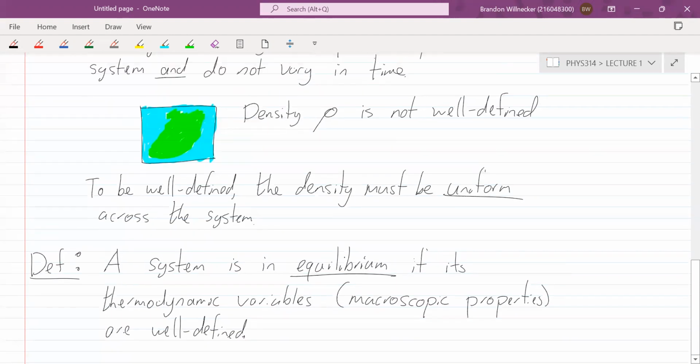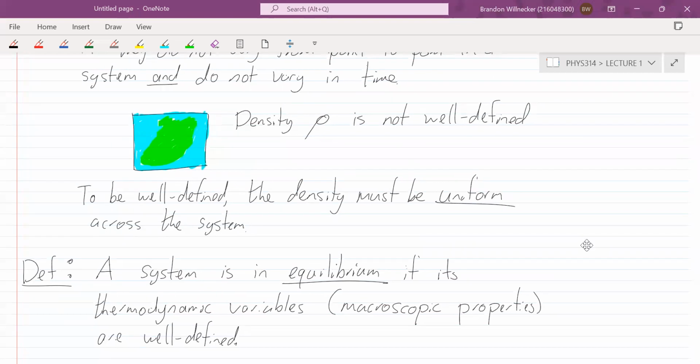So individually, all of the thermodynamic variables must be well-defined for the system as a whole to be in equilibrium.